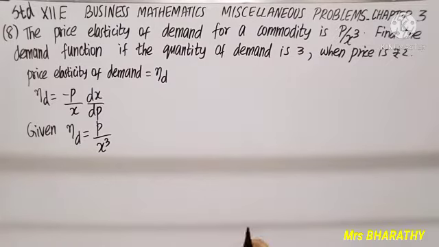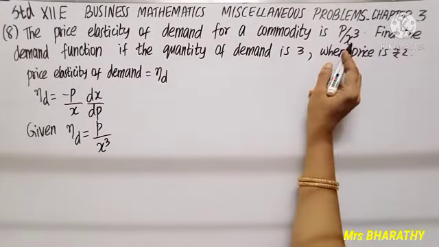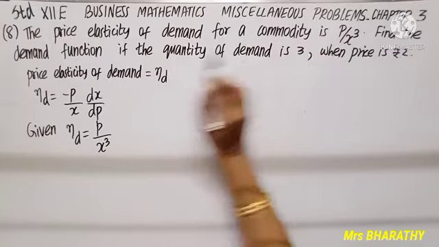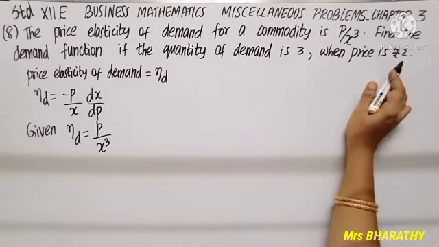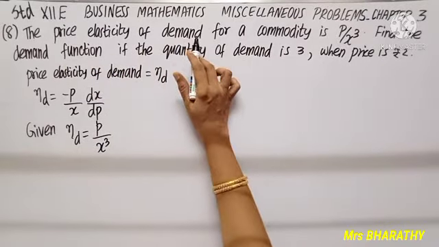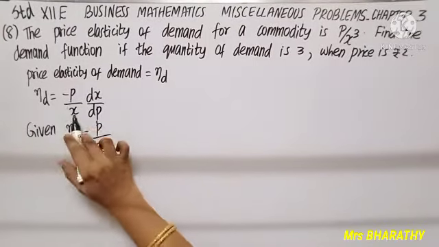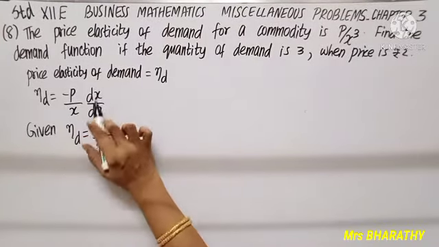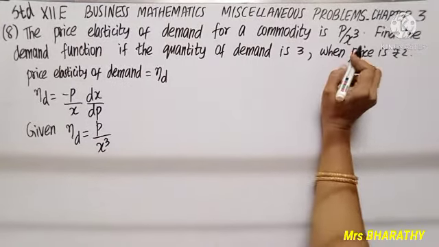Question number 8. The price elasticity of demand for a commodity is P by X cube. Find the demand function if the quantity of demand is 3 when price is rupees 2. We know price elasticity of demand is denoted by eta D. The formula is minus P by X dx by dP. But they have given P by X cube.